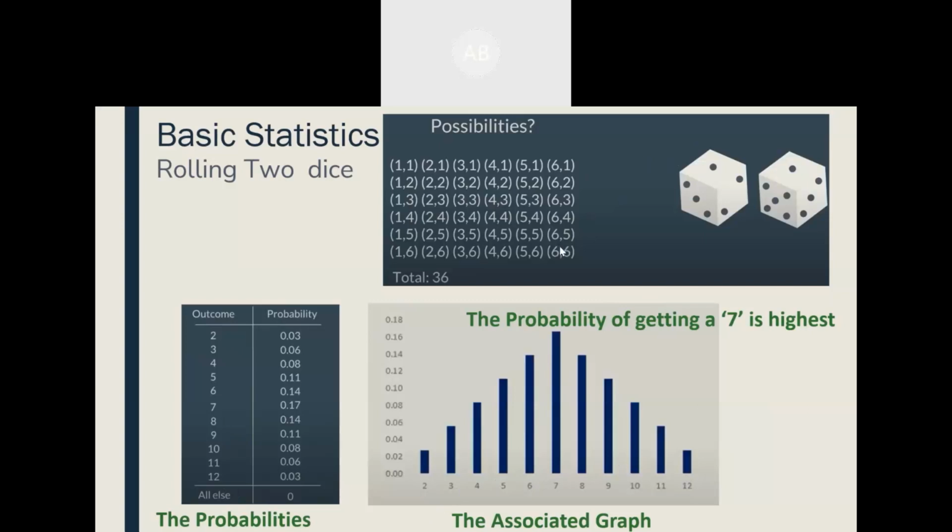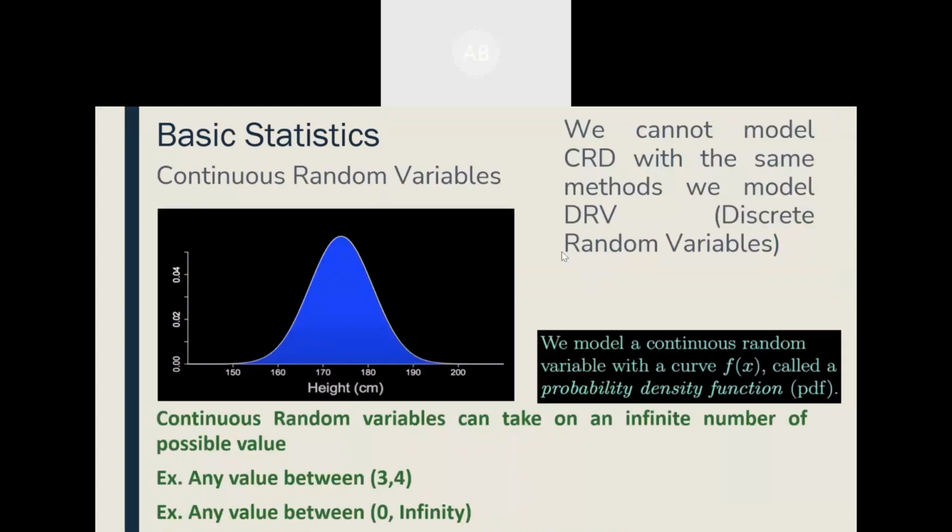But sometimes in nature there are things which are not discrete. In that case we term them continuous random variables. A very good example of a continuous random variable is heights. Suppose I don't know the heights of everyone in the class, and I go to the class and start measuring the heights.